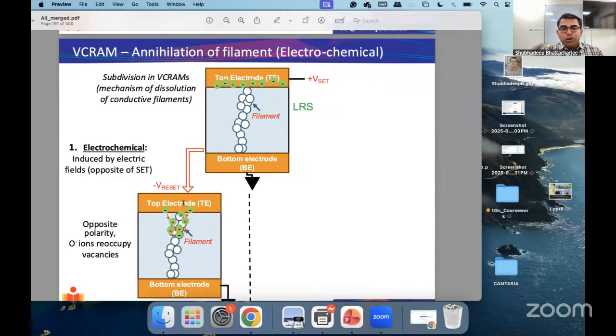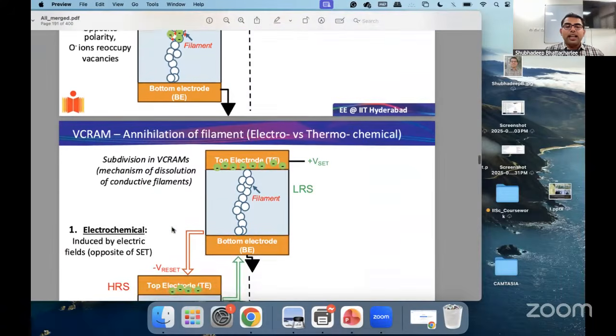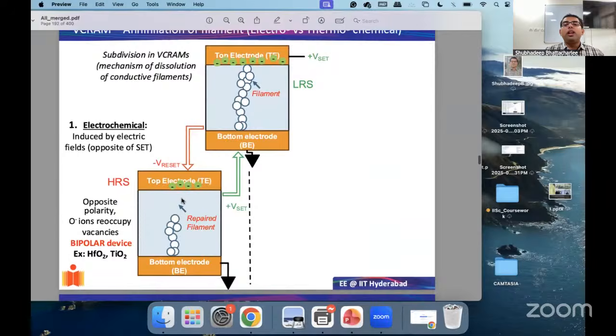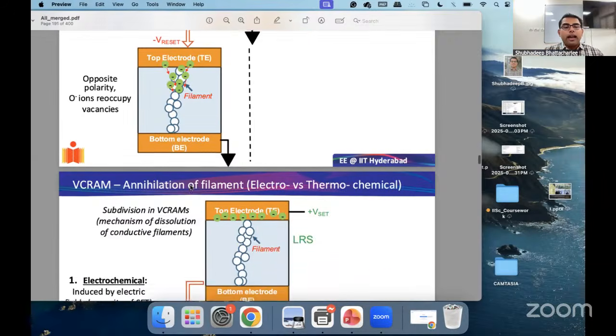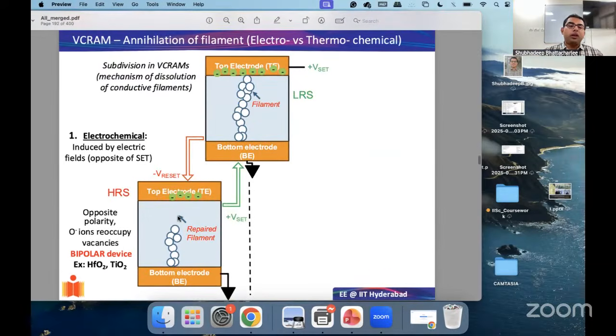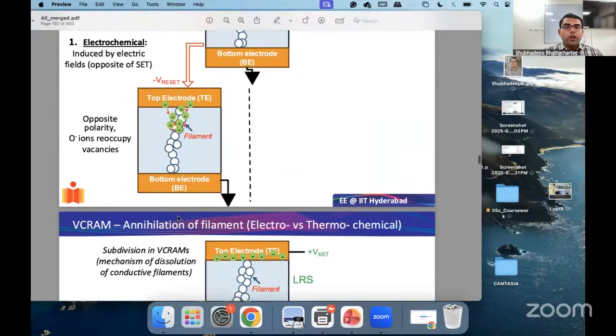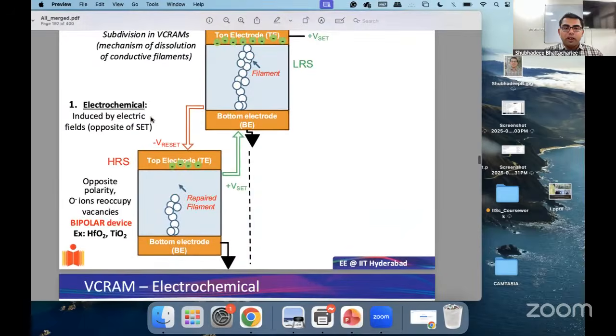Since the least energy is when they recombine with their original sites, the filament will get repaired. So some of the oxygen anions, by virtue of the negative reset voltage, are pushed away electrochemically by the electric field and go and repair this filament. That is how the electrochemical process takes place.